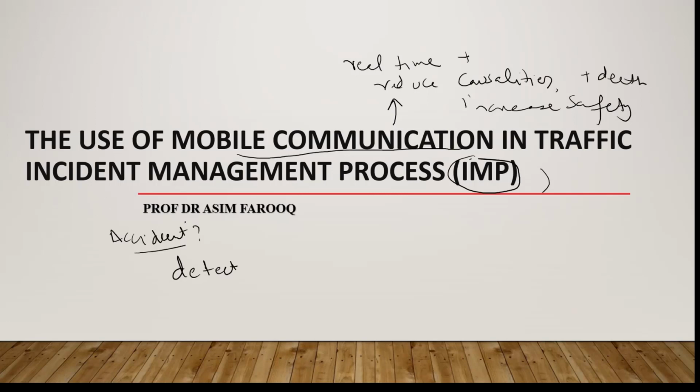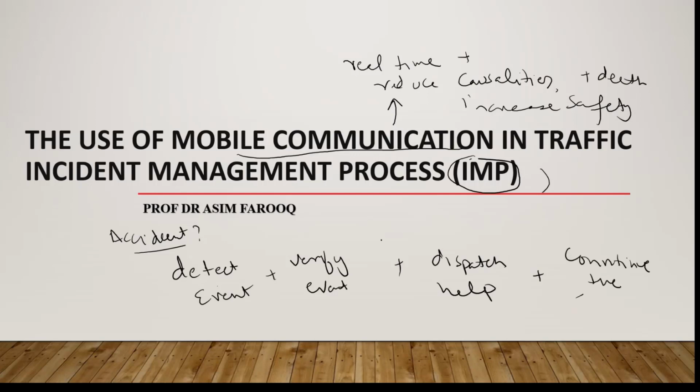So the first point is to detect that specific event, plus verify the event, plus dispatch help, plus continue the flow.